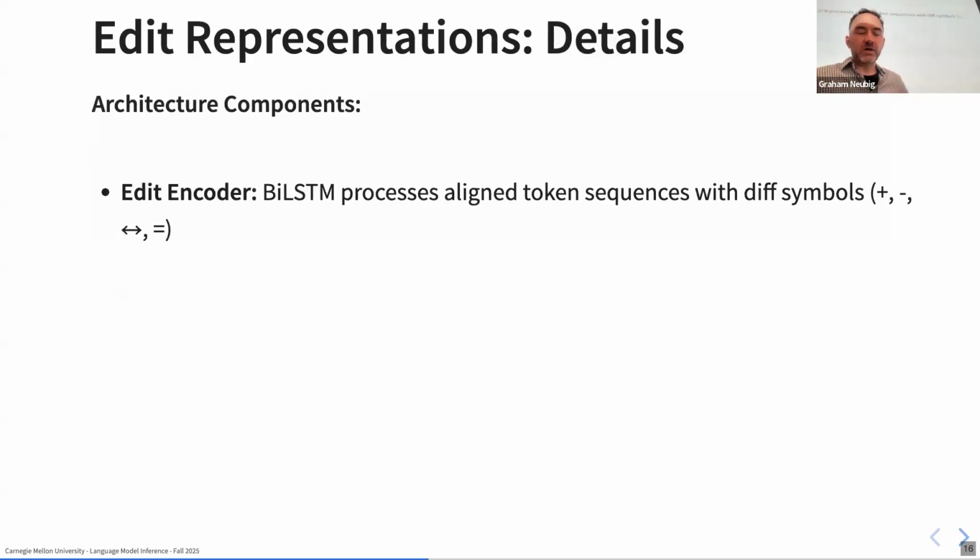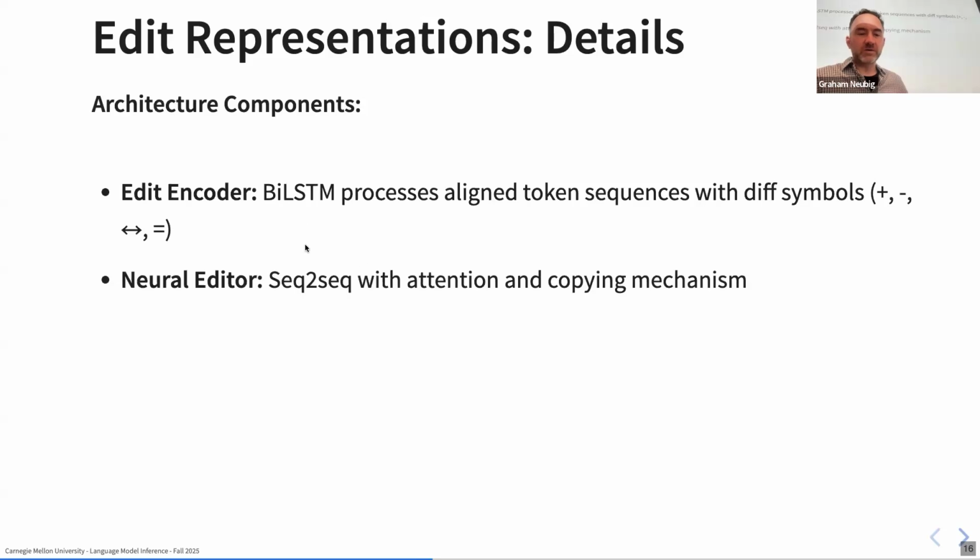But the details are pretty simple. You can ignore the particular type of edit encoder we used. It could be any variety of edit encoder, but I'd probably just use a large language model with the two things fed in and fine tune it.